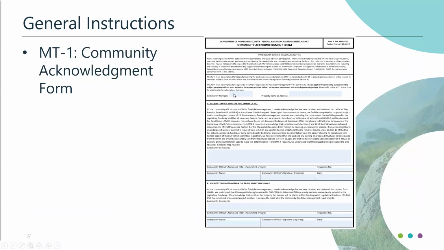Again, the community number could come right off the FIRM, so that's really easy to put in here, and then the property name and address, obviously. And then this is the section if you're placing fill, and then the community will sign off on it. If it's within a regulatory floodway, then this section down here would be filled out as well.